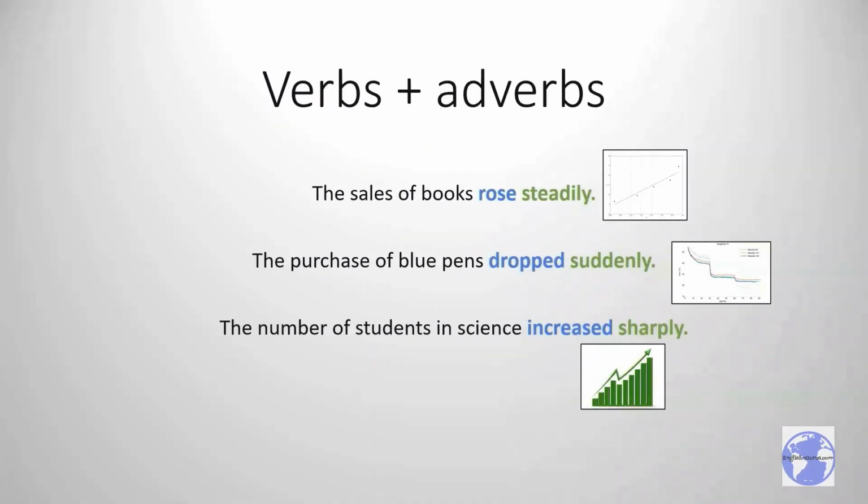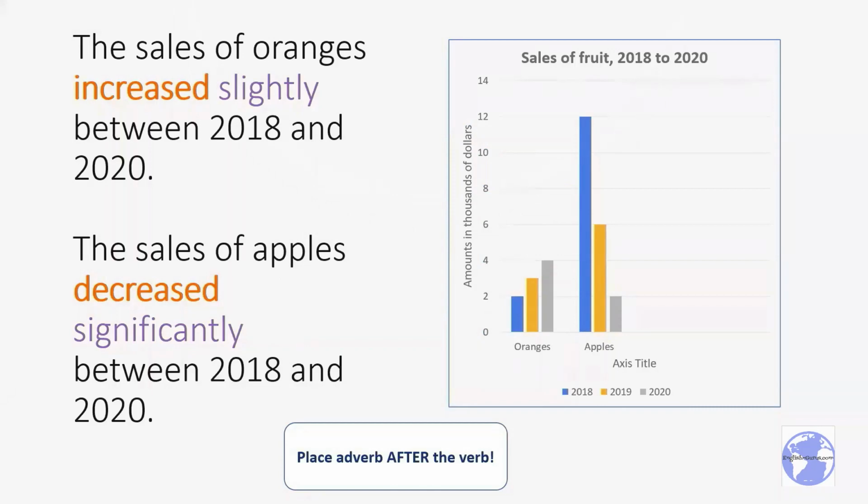It means that they rose at a gradual pace, not too fast, but regularly. The purchase of blue pens dropped suddenly. That means that the purchase of blue pens went down very sharply and unexpectedly. The number of students in science increased sharply. That means it went up quite quickly and quite strongly. So again, good words to use, good adverbs to use.